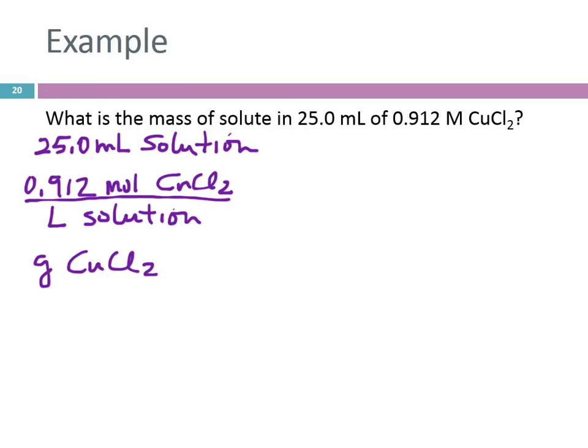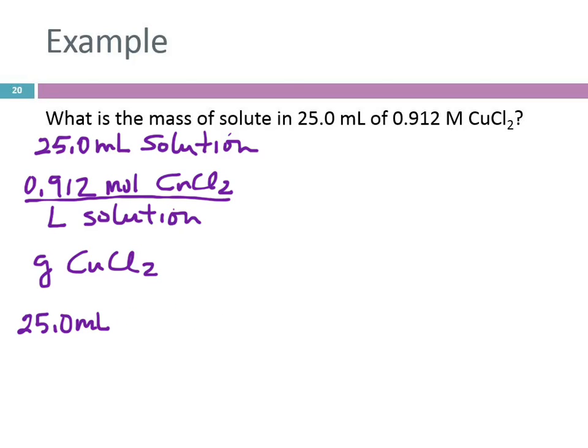We're going to do this with unit analysis. We should start with this one, because that can't be used as a unit factor. This will be a unit factor. So 25.0 milliliters of solution. I need to use this, but this has liters in it. I can tell that I'm going to run out of space.